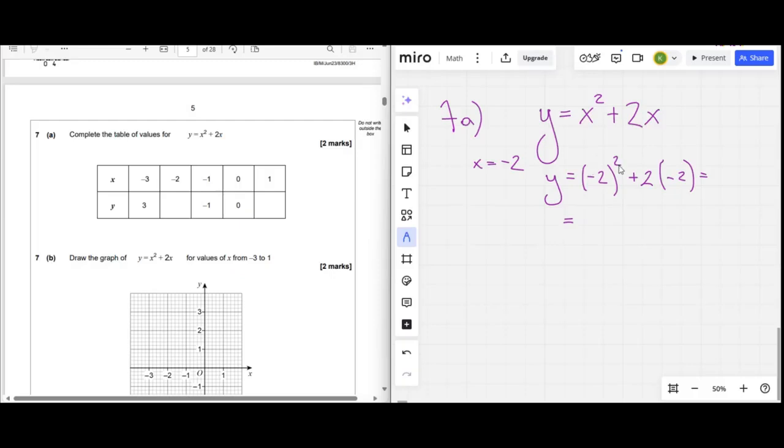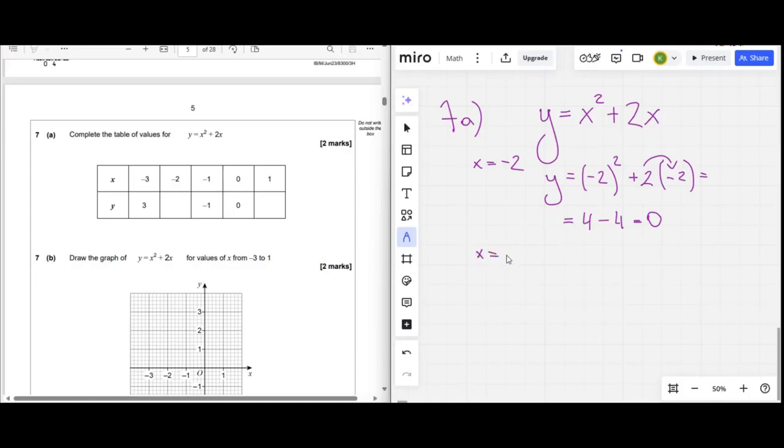-2 to the power of 2 is how much? 4. Yes. And then plus 2 times -2, plus and minus gives us -4. So the first result is 0, to put it there.